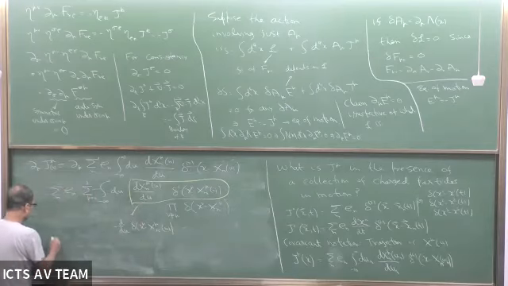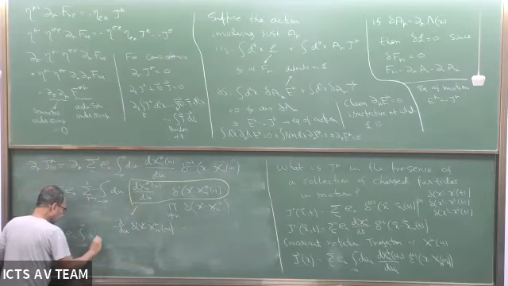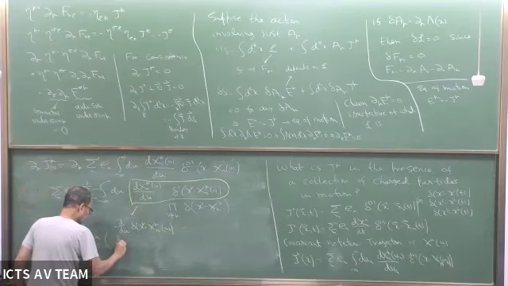So this I can rewrite as sum over n of en, integral from minus infinity to infinity du, and then minus d/du acting on the product.